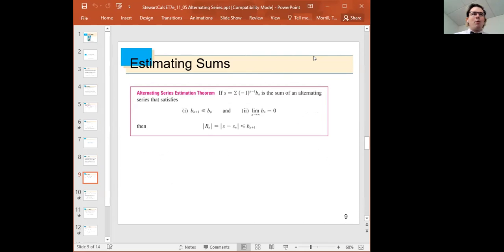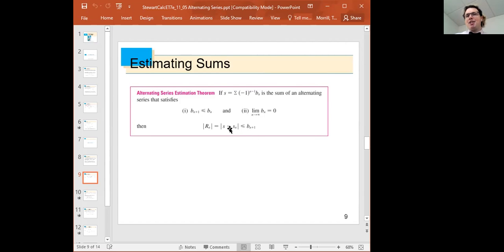Put in a formal perspective, here I've got an alternating series. We're saying that this alternating series converges to a value of s, and at each step we are adding on the number -1 to the power n minus 1 times b sub n. So we know that this converges, and we want to ask how far away from the actual value of the limit we are if we stop at step n.